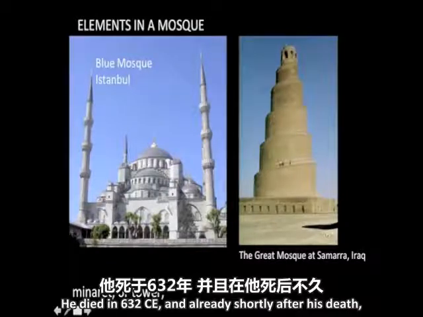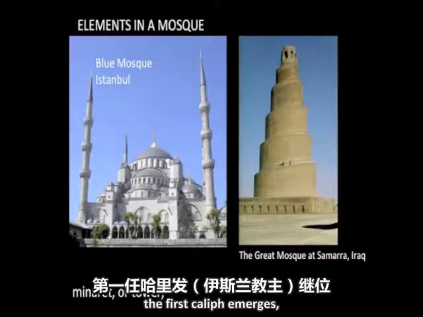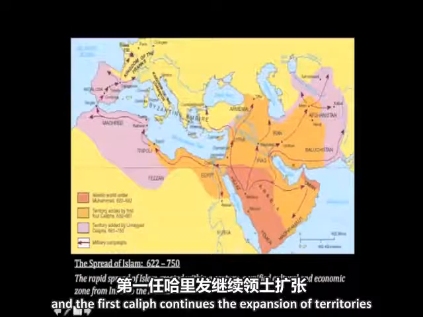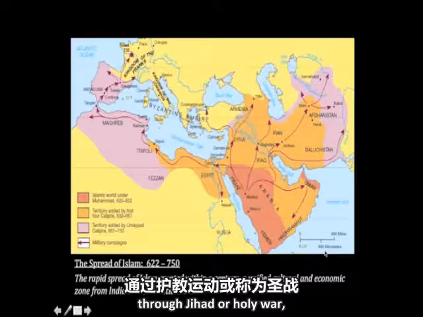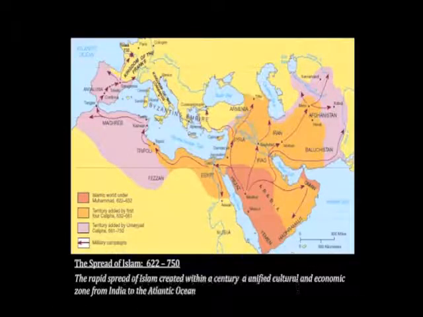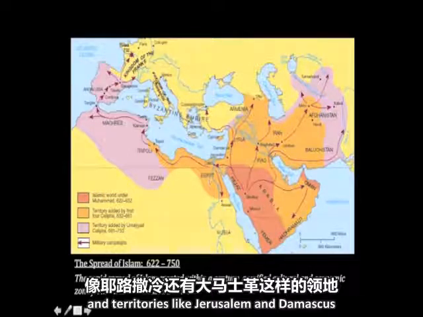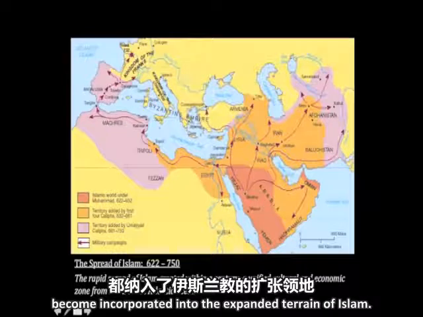He died in 632 CE, and already shortly after his death, the first caliphate emerges. And the first caliphate continues the expansion of territories through jihad, or holy war, and territories like Jerusalem and Damascus become incorporated into the expanded terrain of Islam.